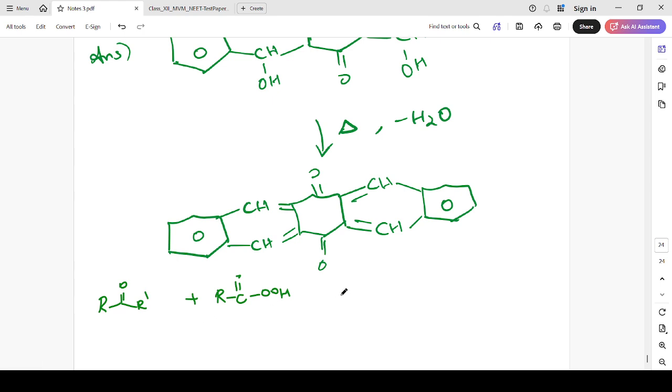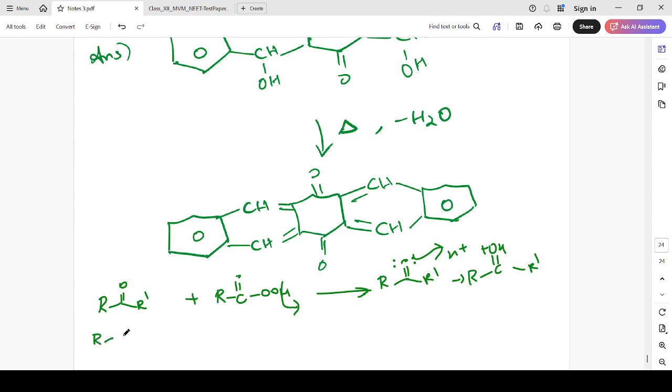Step number 1, the peracid would have released H plus. This H plus would have attacked the carbonyl oxygen so that you generate RC=O+H R'.